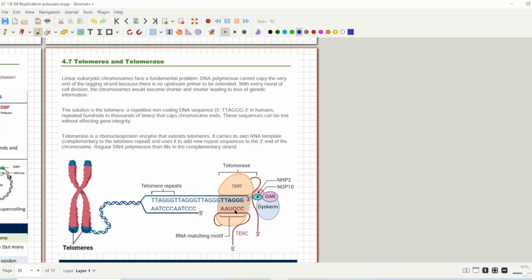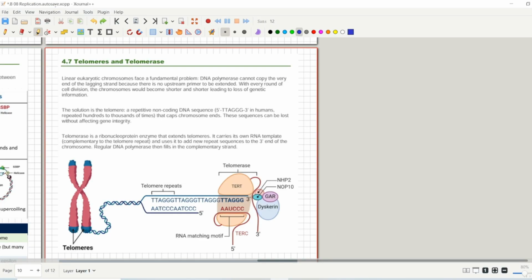So what are telomeres? Telomeres are the ends of chromosomes. As you can see here, this is the edge of chromosomes, and these tips of chromosomes are called telomeres. Eukaryotes have linear chromosomes, and they have a fundamental problem: DNA polymerase cannot copy the end of the lagging strands, right?